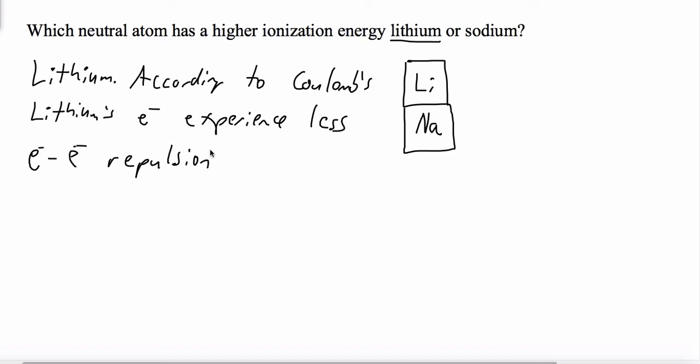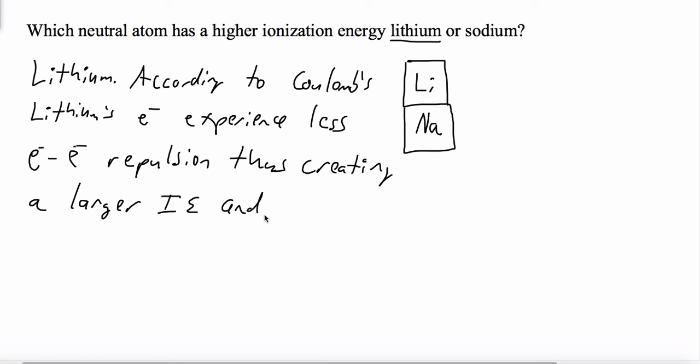Another way of saying this is Coulombic repulsion, thus creating a larger ionization energy and a smaller atomic radius. So notice I'm talking about atomic radius when it's not really asking me about it, but it's always an afterthought.